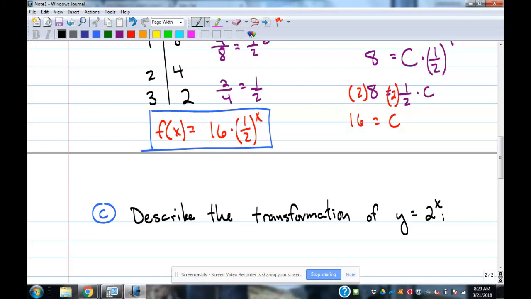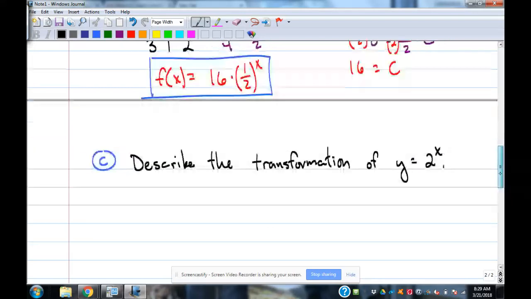And we're going to describe what's happening to it based on the information. 2 to the x, and then a plus 4 on the outside there. What does that do to it? Shift it up, right, up, down, left, right. Up 4. Why up 4? It's on the outside, so it's a vertical thing, and it's positive, so we're going to go up 4.